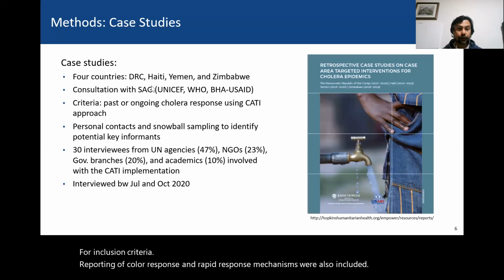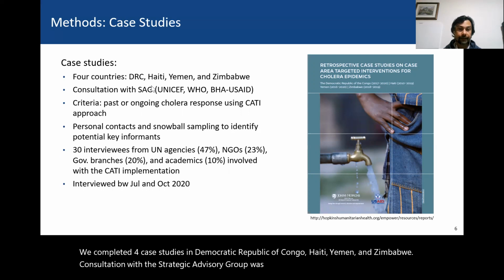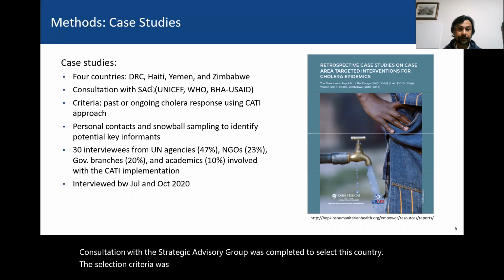We completed 4 case studies in Democratic Republic of Congo, Haiti, Yemen, and Zimbabwe. Consultation with the Strategic Advisory Group was completed to select these countries. The selection criteria were past or ongoing cholera response where the CATI approach was implemented.